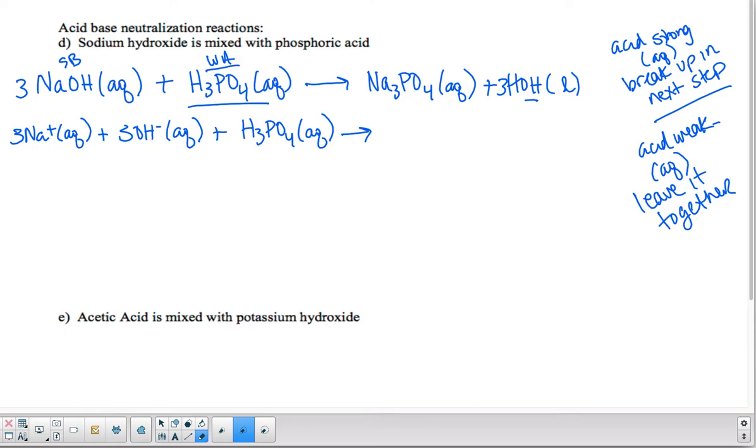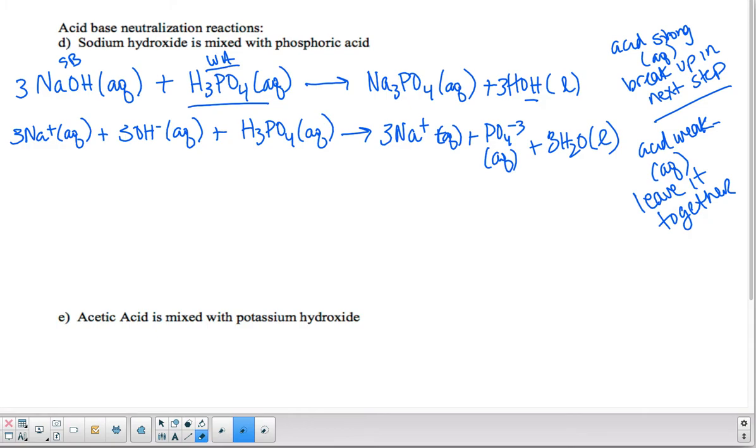So what do we do with sodium phosphate? It's not rhetorical. What do we do with sodium phosphate? Break it up. 3 Na plus aqueous plus PO4 minus 3 aqueous plus 3 water liquids. And we leave that together, obviously.